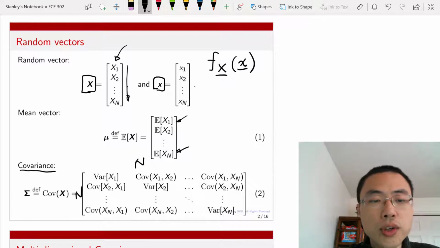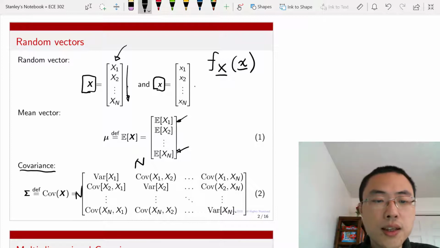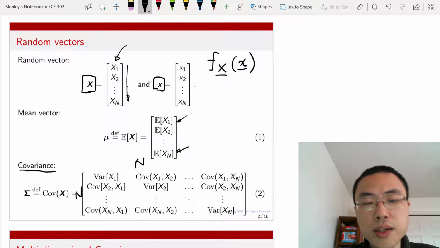Of course, if you're looking at xi and xi, for example, here you're looking at x1, then the covariance of x1 and x1 will give you back the variance of x1. And therefore, you can see that in this covariance matrix, along the diagonal, I have the variance of the individual elements.